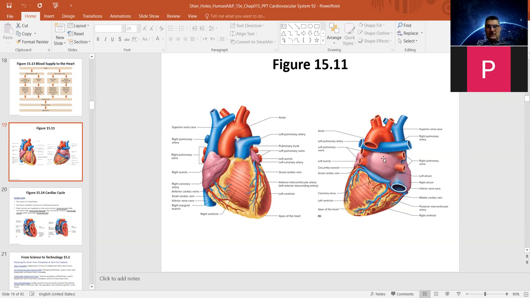This, for example, is the left atrium itself, which you can see from the back, and look at this auricle extending in the front. Is the auricle the same as the atrium? No. The auricle is an out-pouching from the atrium.